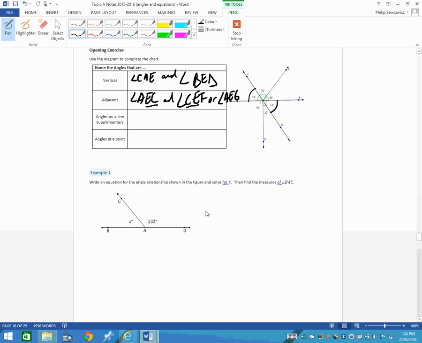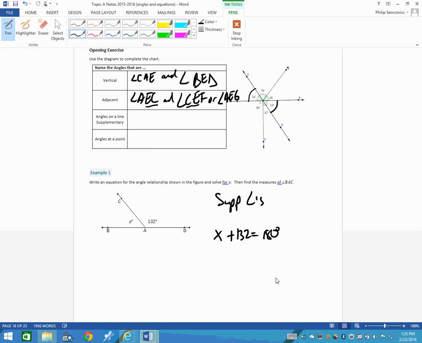The big thing here is we want to know what our relationship is. So you're going to see me use vocabulary here as well. I'm going to use supplementary angles, and I don't mind if we abbreviate there. Do you see the straight path of points? So we know when we add up angle X with 132 degrees, our result should be 180 degrees.